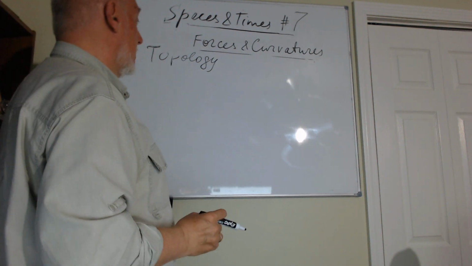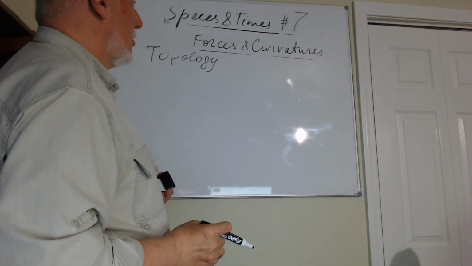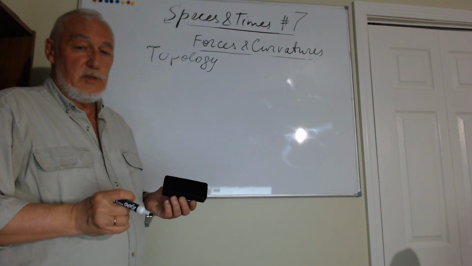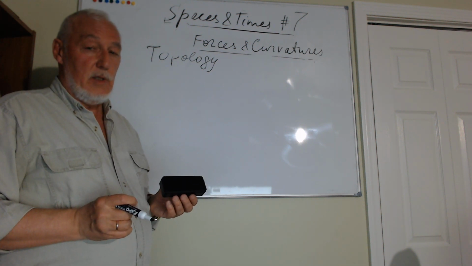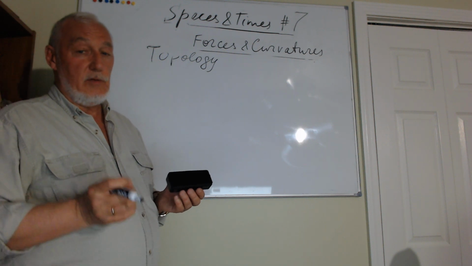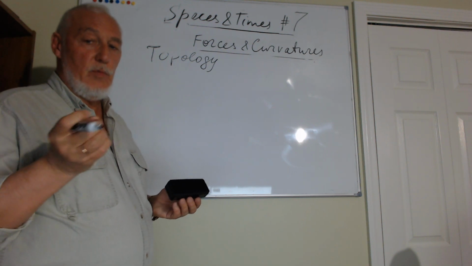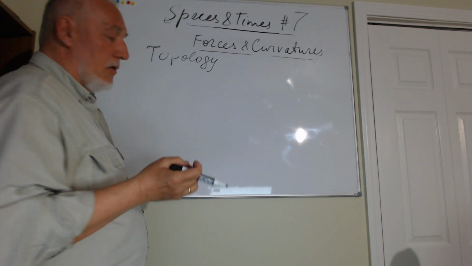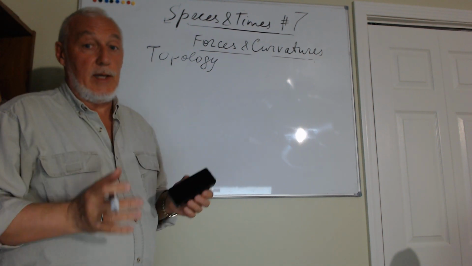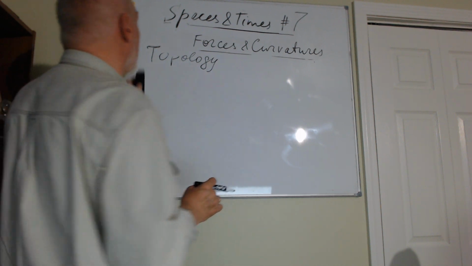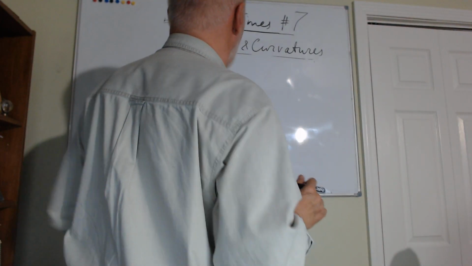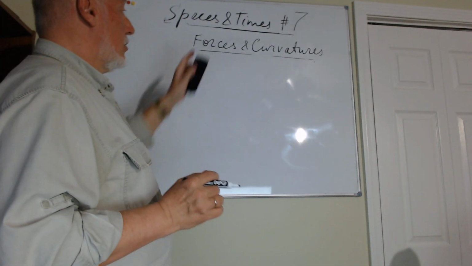So topologically, this Klein bottle is very similar to a torus, but it's non-orientable. It has only one side, like a Möbius strip. And the real torus has two sides. So just think about it. Now we go a little further and talk about waves.